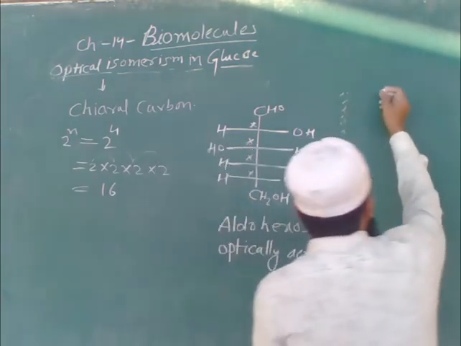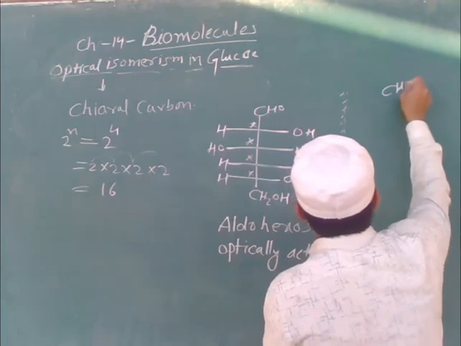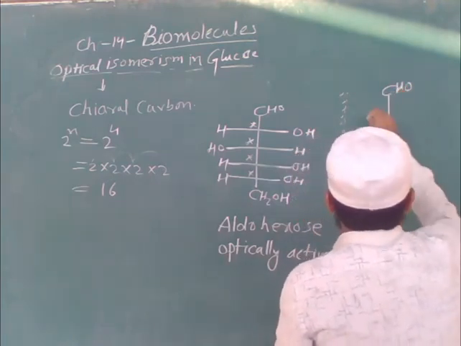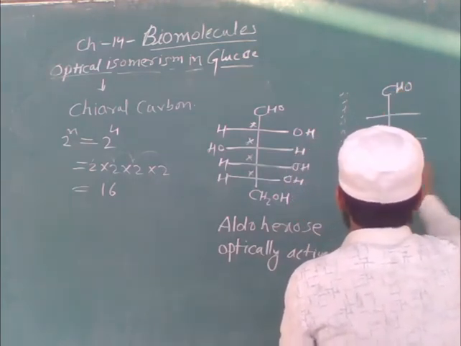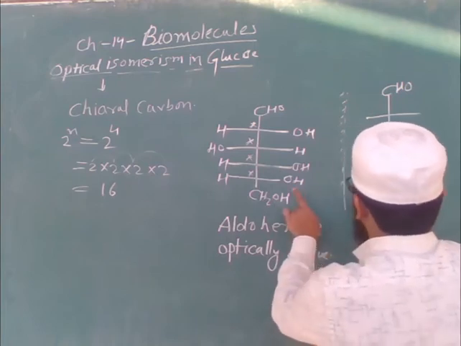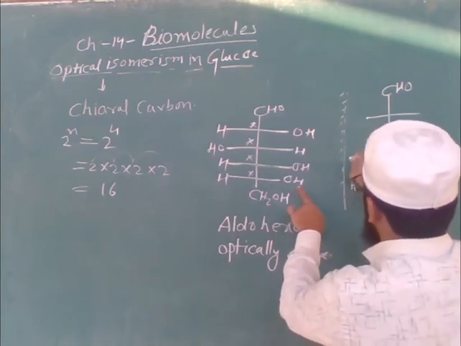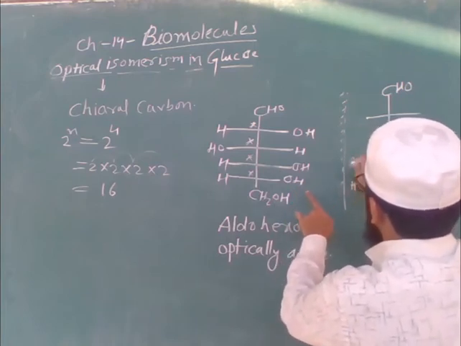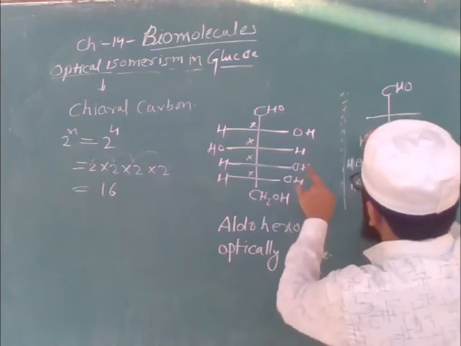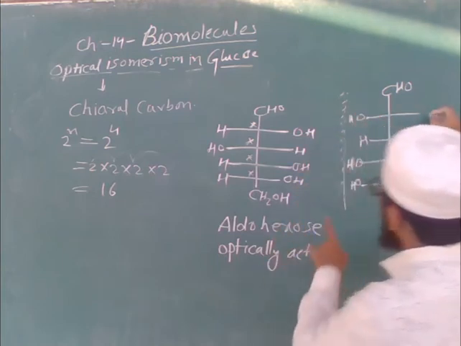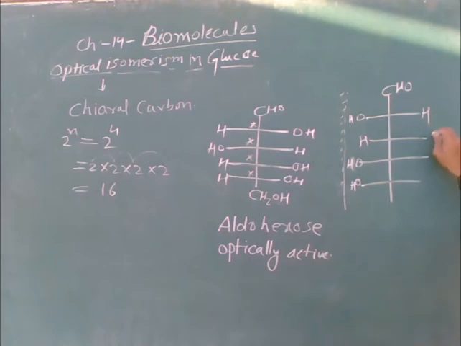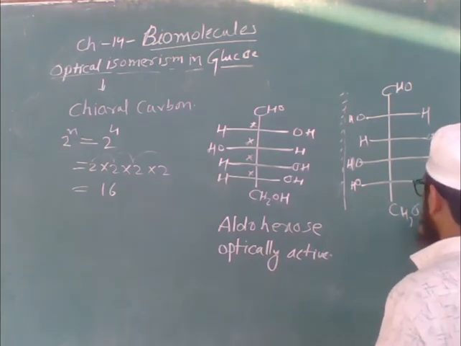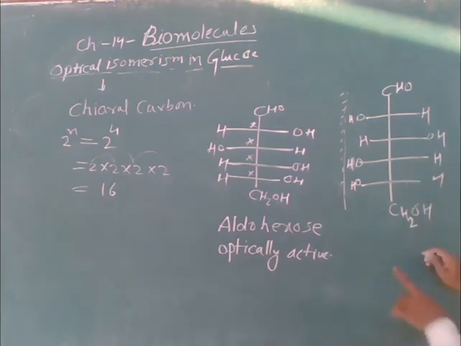Its mirror image will be like this: CHO, 1, 2, 3, 4. It has OH here, OH, H, OH. Now H, OH, H, H, CH2OH, CH2OH.